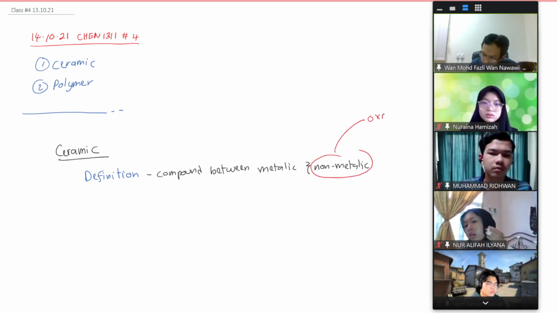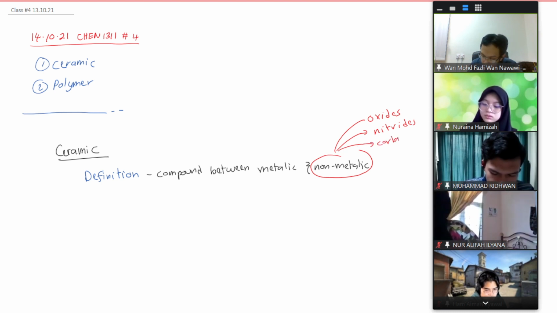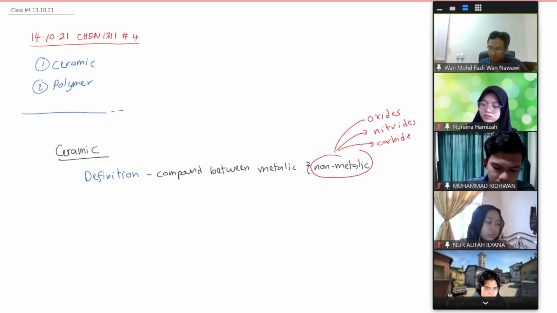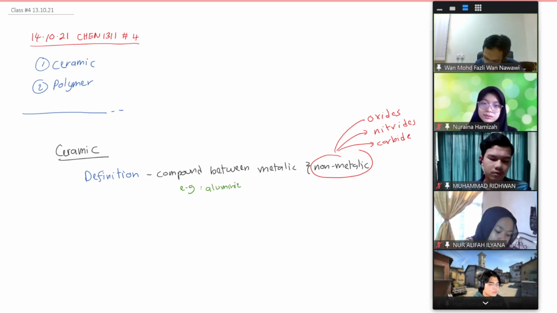You have oxide, and then you have also the nitrides, and also you have the carbide. So the example for this ceramic, when you have this metallic and the non-metallic together, is, for example, aluminium oxide, or we call it alumina.